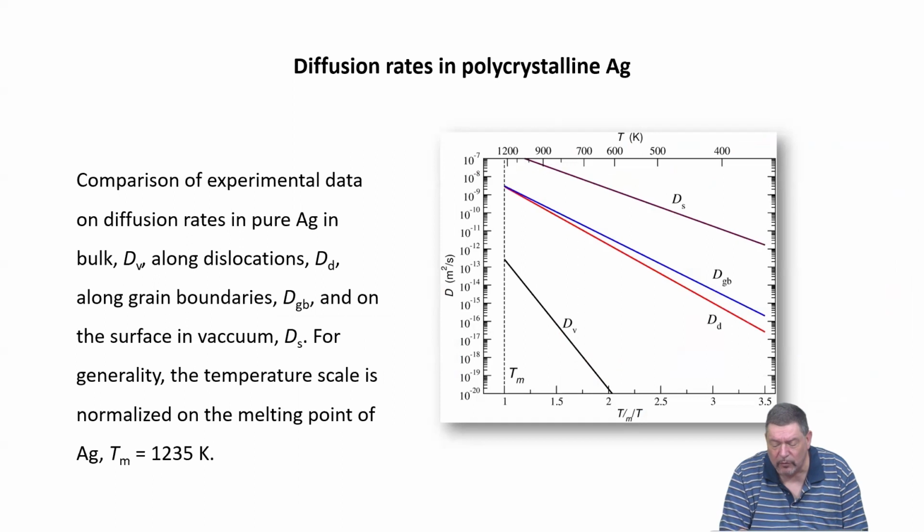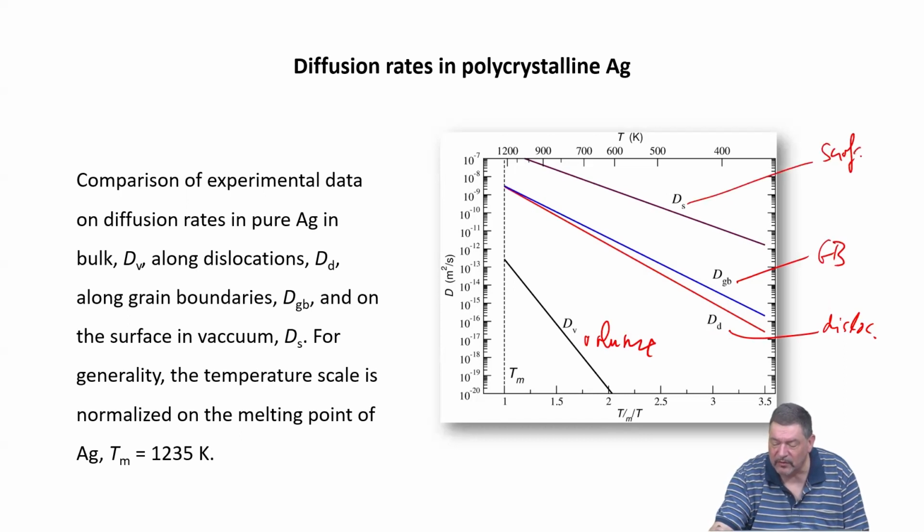And there you can see that basically we have a good contrast between volume diffusion, between dislocation pipe diffusion, between grain boundary diffusion, and between surface diffusion. Right?